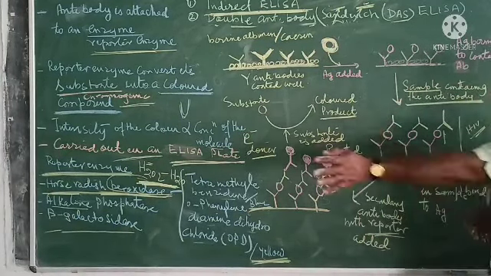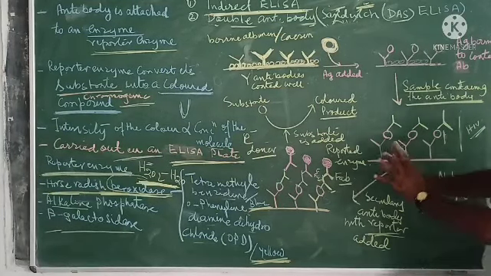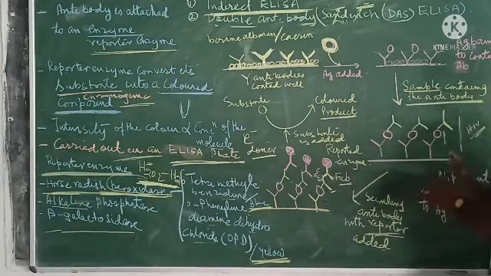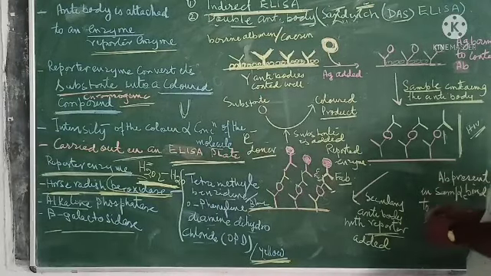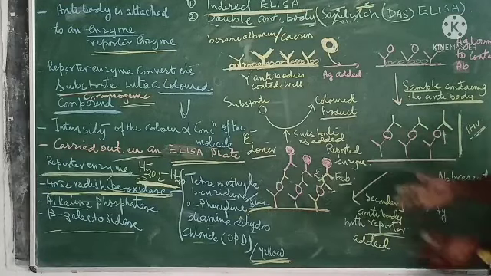In the next step, sample is added, and when the sample is added, the whole ELISA plate will be incubated for a sufficient period of time, and after that the well will be washed again, so that the rest of the enzyme antibodies which are not specifically attached will be washed off.